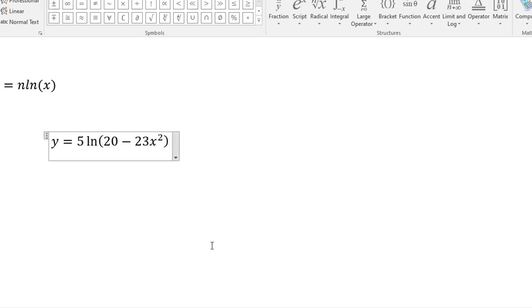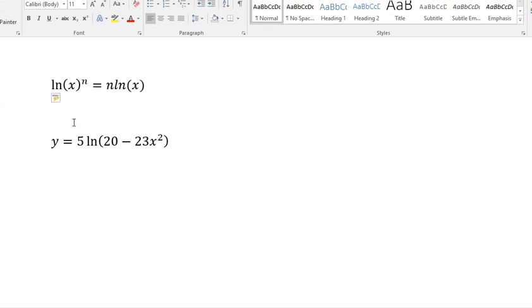And if we have that, put that back over there, then we don't have to worry about that exponent on the parentheses anymore.